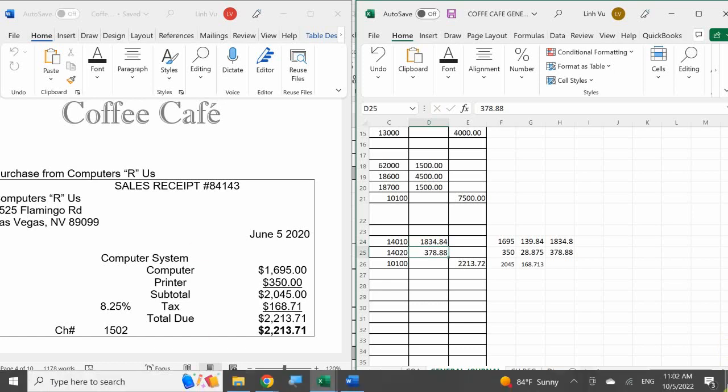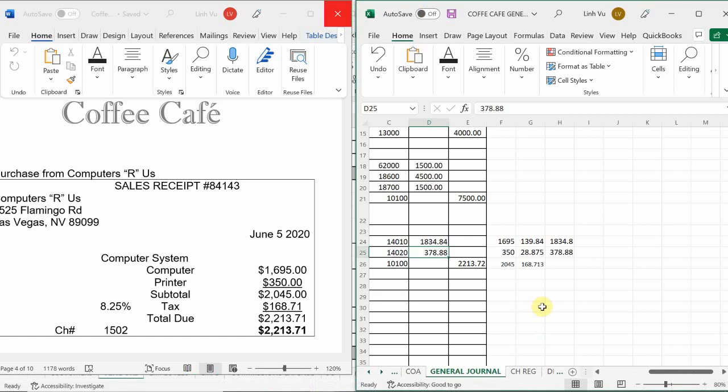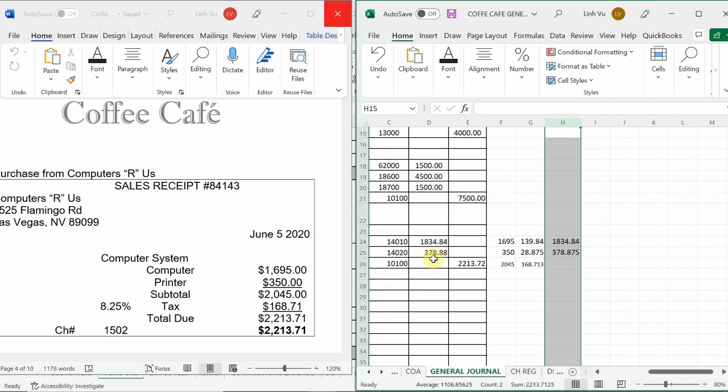Did I write a check for $2,213.72? Yes. What does your receipt say? $2,213.71. How much does the check say? How much did you calculate in your calculations? $2,213.71.